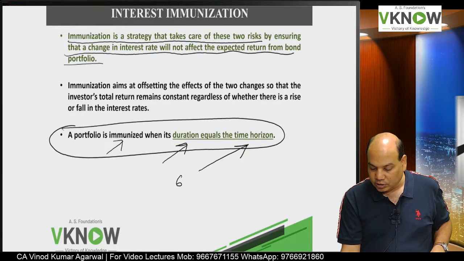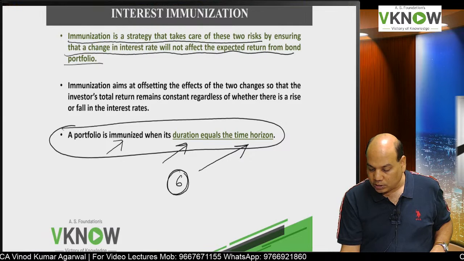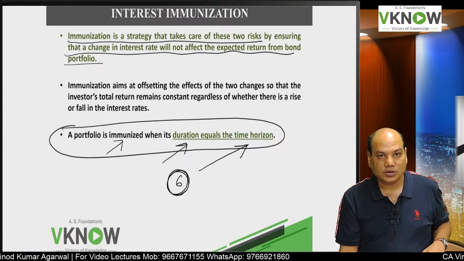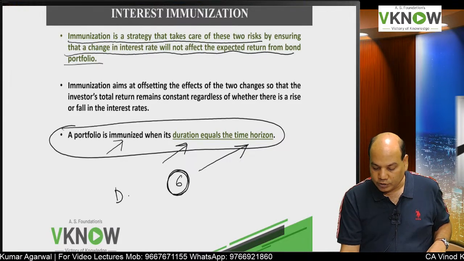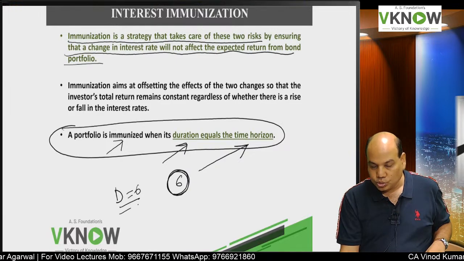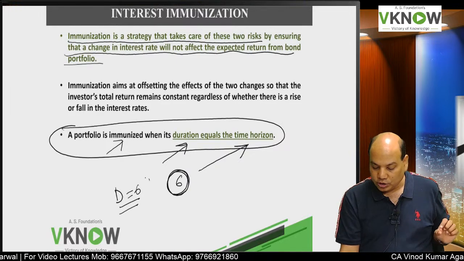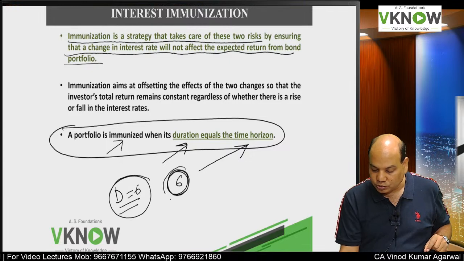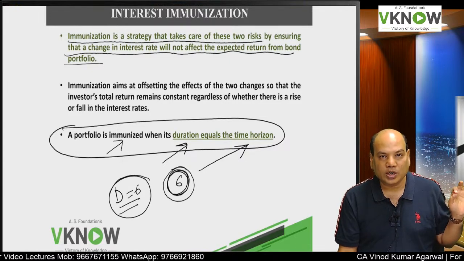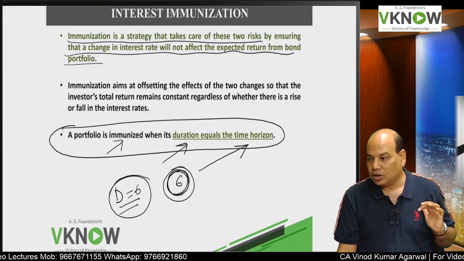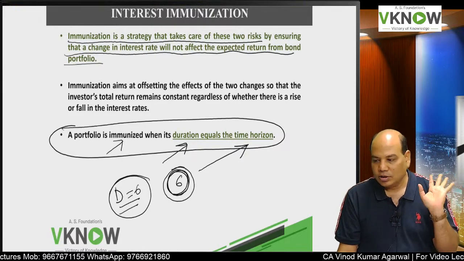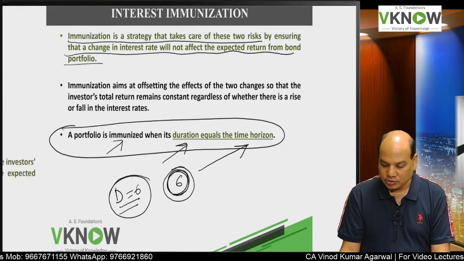If I want to hold the portfolio for 6 years, the duration of the portfolio should be 6 years. If duration of the portfolio matches with my desired time horizon, then I am protected from the interest rate fluctuation risk.